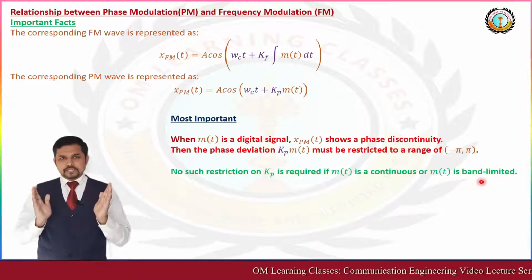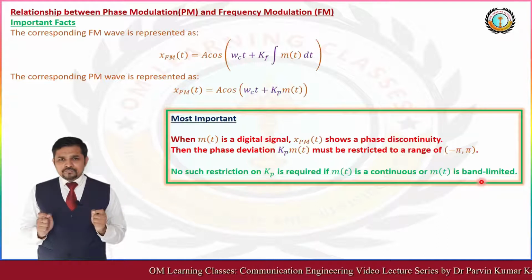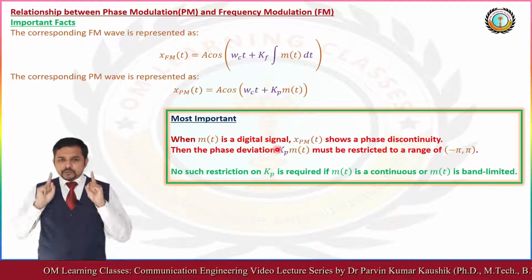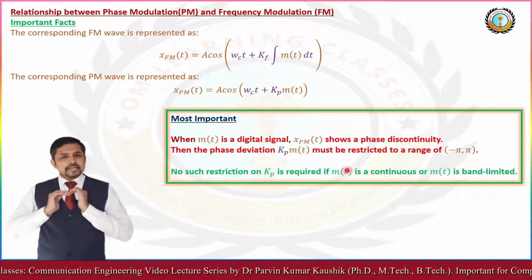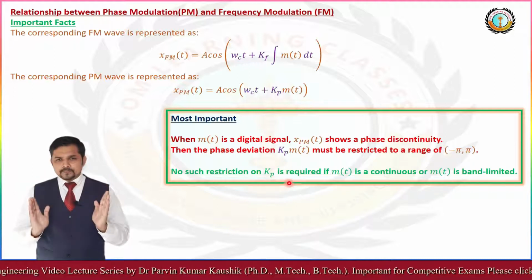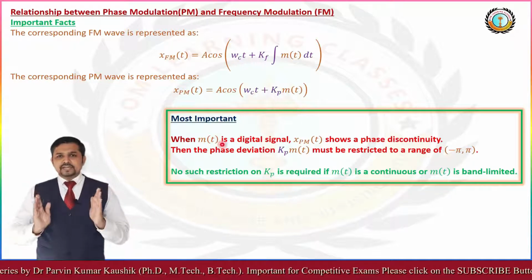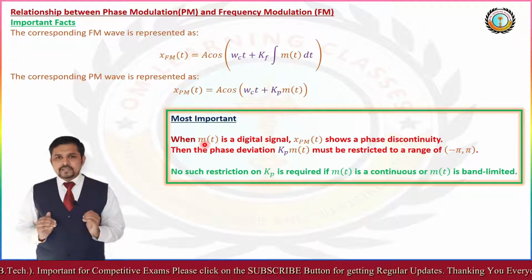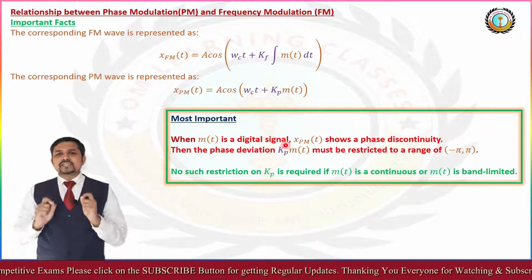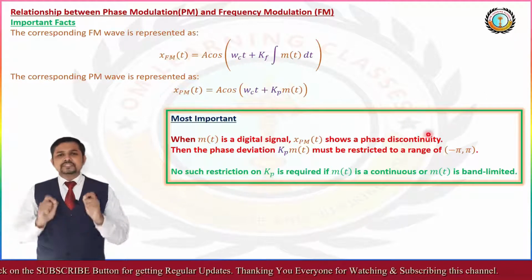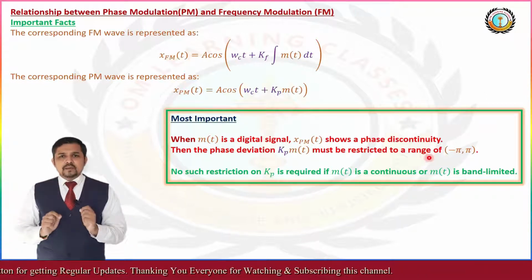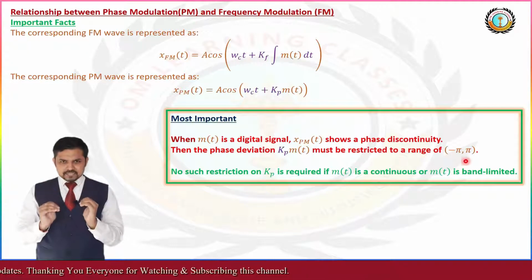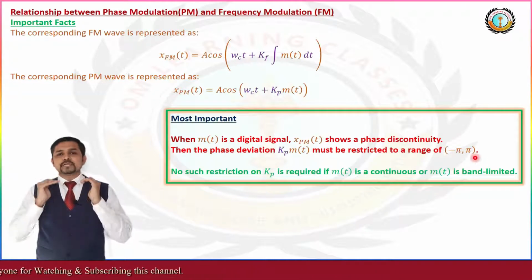There is no such restriction on Kp when the modulating signal m(t) is a continuous wave or band limited signal. So you must remember, if the m(t) signal is continuous or band limited, there is no restriction on Kp. But if it is not continuous or band limited, then the phase deviation factor, which is Kp m(t), must be restricted to the range of minus pi to pi.